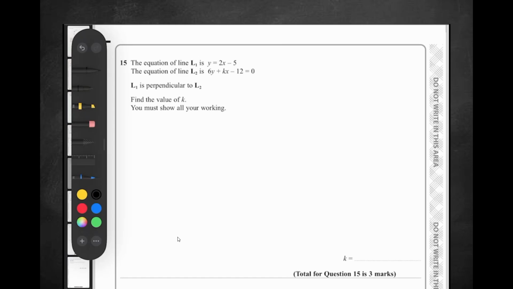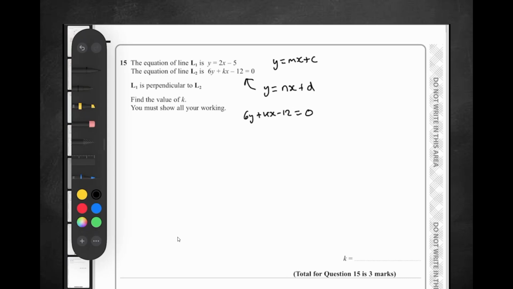So this first equation is in the format y equals mx plus c. The second equation is not in that format, so the first thing I'm going to do is change that to that format. So I want to change this to y equals, let's say, nx plus d. So 6y plus kx minus 12 equals 0.